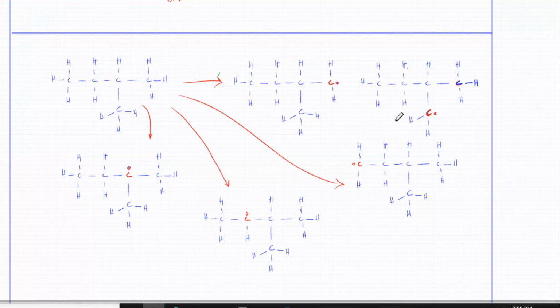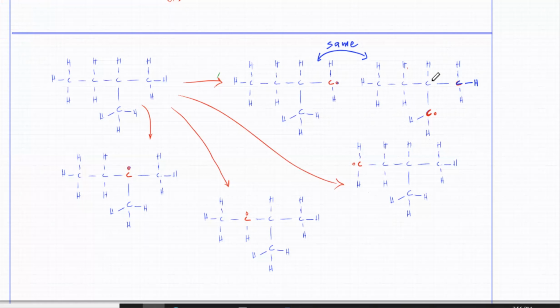No difference whatsoever. Because this carbon atom has a branch and that's a free radical, and this carbon has a branch and that's a free radical. So it's two branches coming from the same carbon atom.